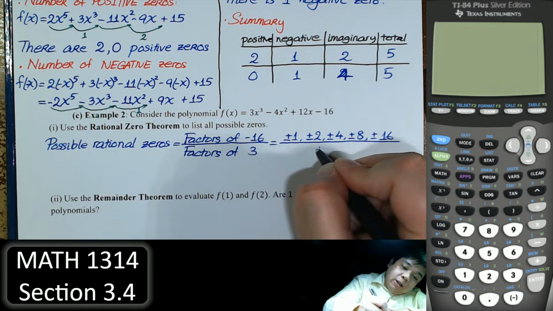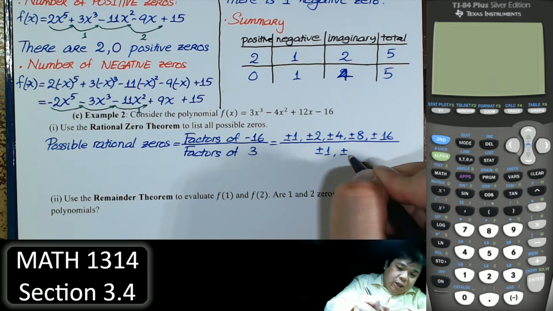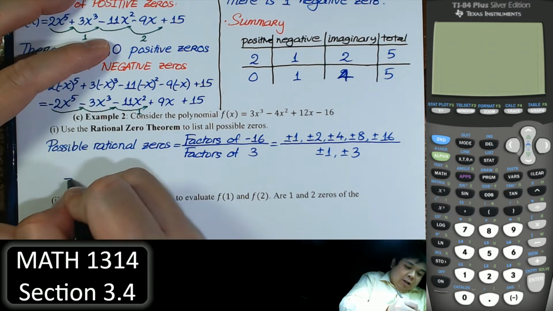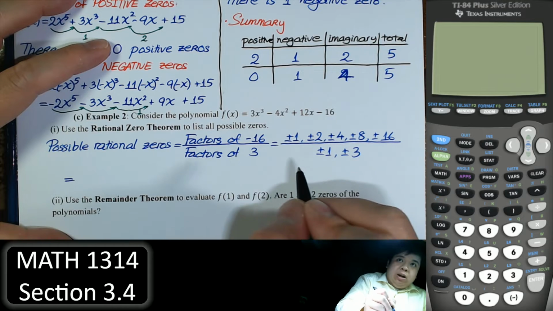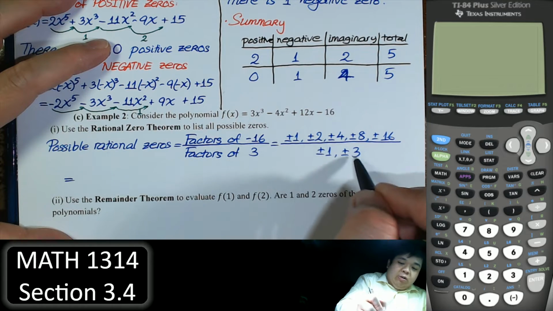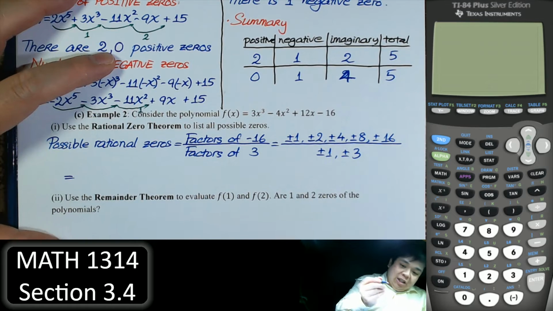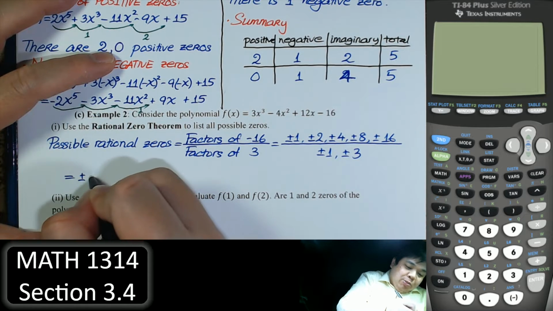Factors of 3, 1 or 3. Right? We have 1 over 1, 2 over 1, 4 over 1, 8 over 1, 16 over 1, and then 1 over 3, 2 over 3, 4 over 3, 8 over 3, and 16 over 3. Well, that it is possible, it's not actual.